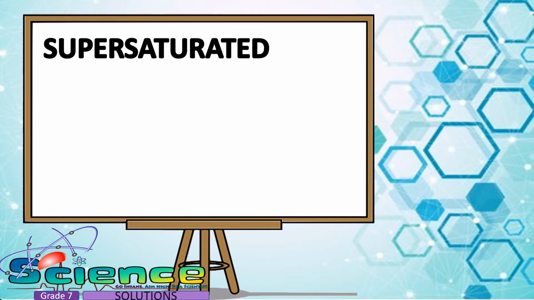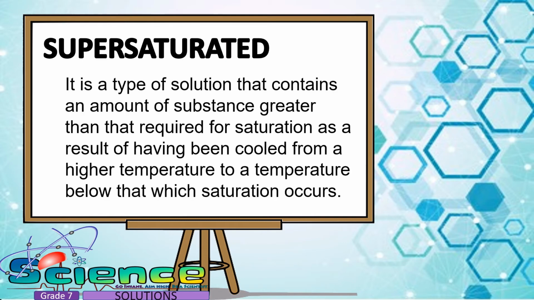And supersaturated. It is a type of solution that contains an amount of substance greater than the required for saturation as a result of having been cooled from a high temperature to a temperature below that which saturation occurs.